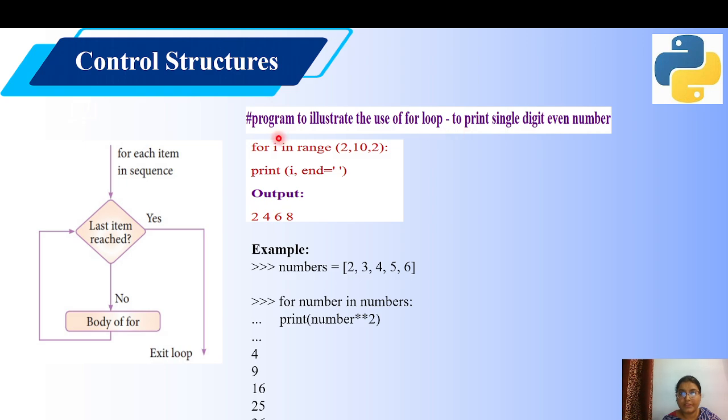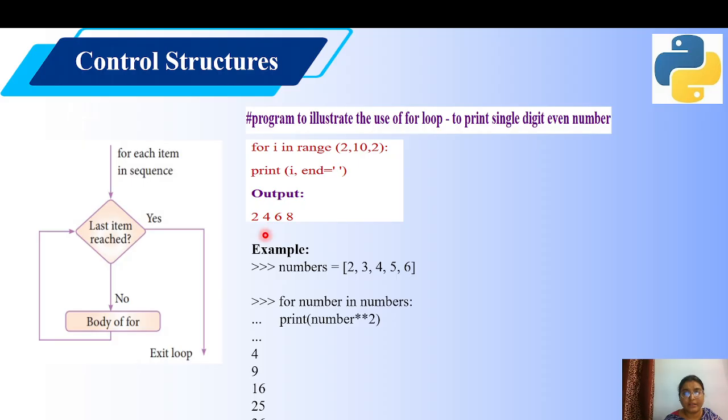Yes, we can see here the example of for loop. We have written the statement for i in range, starting from 2 till 10, and the increment value will be 2. Then print i.